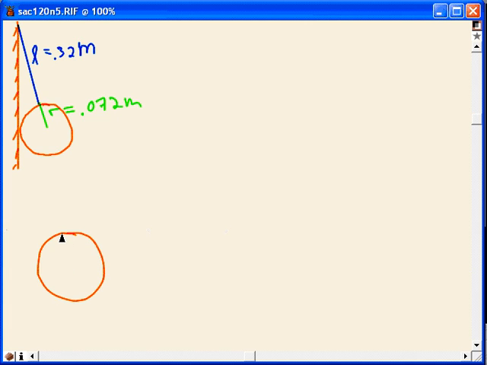It's got a tension force acting on it directly away from the center. Weight force will act on it straight down toward the center of the earth, and the normal force will be directed right toward the center. I'll call that N for normal, and there's nothing else touching it, so I've got all the forces covered.